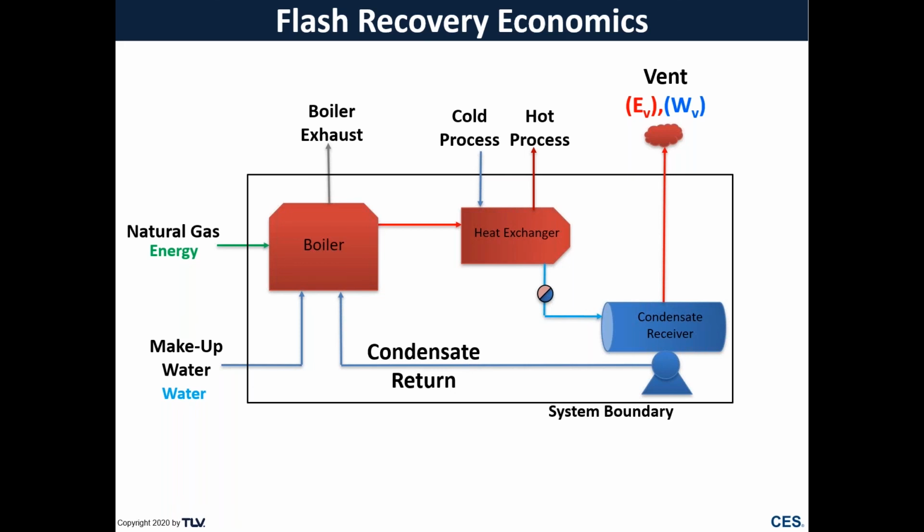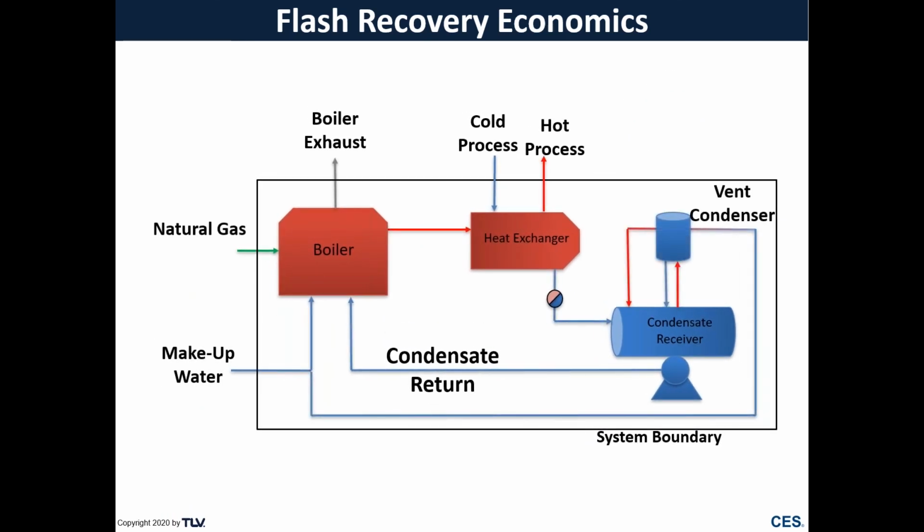We have a specific amount of makeup water that we have to bring back into the system. So that is a couple of our inflows. And then from our vent, we are discharging a specific quantity of energy, the EV, energy of our vent, and we're also discharging a specific quantity of water, the water from our vent.